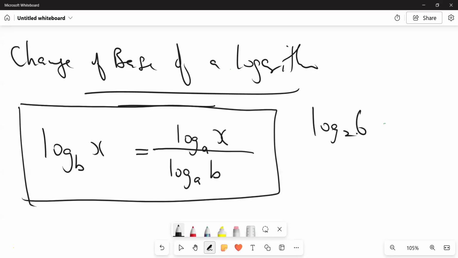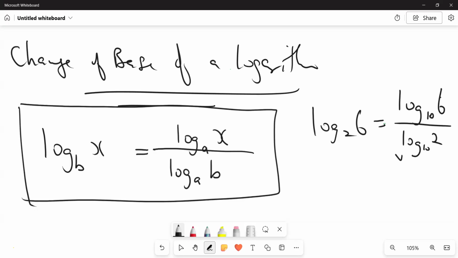You can't know that unless you have a specialized calculator. You don't have a calculator that will give you the logarithm of 6 with a base of 2. What you can do then is change the base. What you can do is find the logarithm of 6 with a base of 10, because the calculator will do that, over the logarithm of 2 with a base of 10.